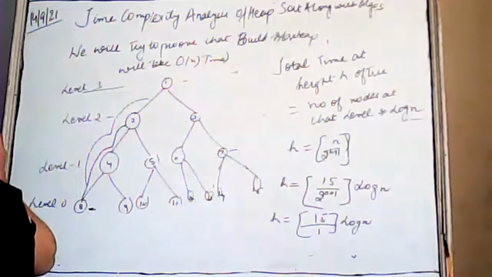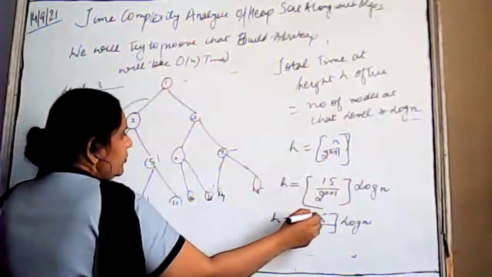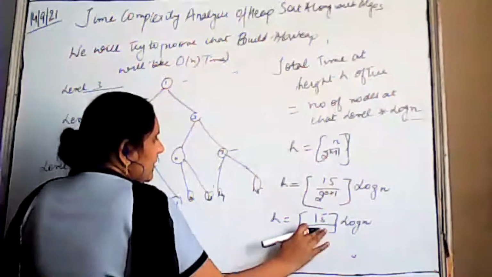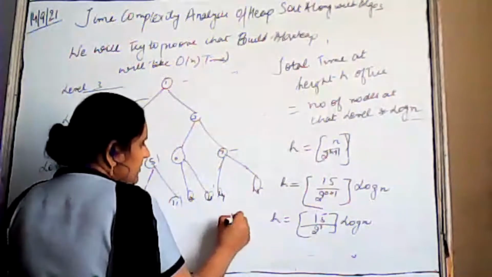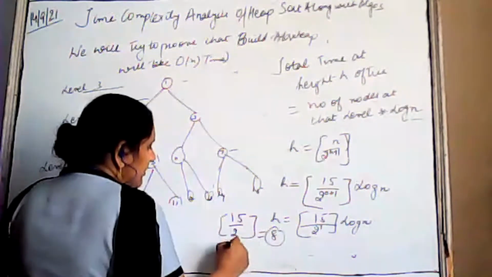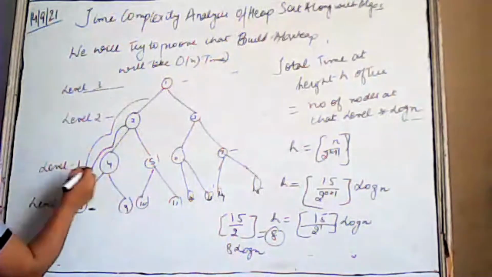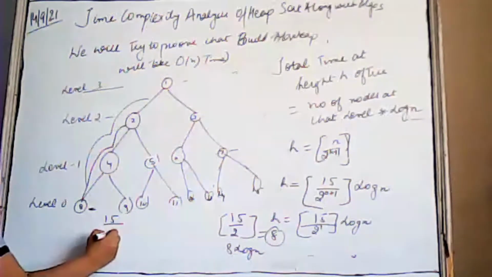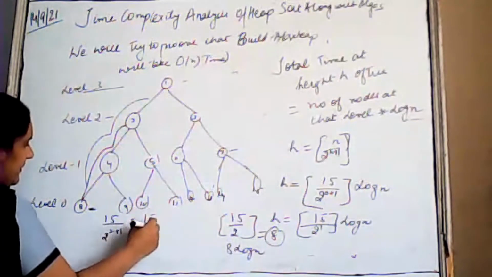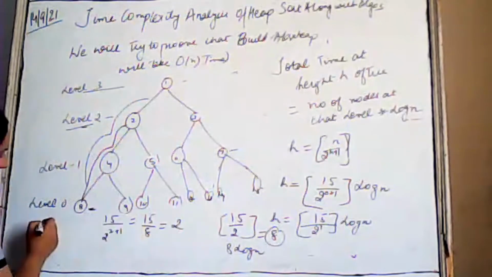Okay. So this becomes 2 raised to 0 plus 1, which is 2 power 1. So this becomes 15 upon 2, which is roughly equal to 8. 8 log n time. This is how it is calculated. Then at level 1, 15 upon 2 raised to 1 plus 1, that is 15 upon 4, roughly equal to 4. Then at level 2, 15 upon 2 raised to 2 plus 1, that is 15 by 8, so it is roughly equal to 2.